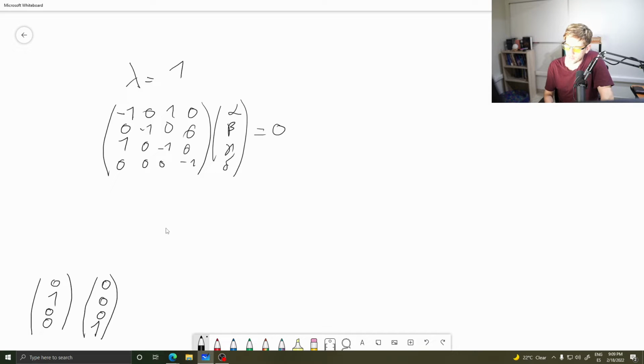We get that minus alpha plus gamma have to be equal to 0. So basically, alpha has to be equal to gamma. In the second condition, we get beta has to be 0. In the third condition, we also get alpha has to be equal to gamma. And in the last one, we get delta equal to 0.